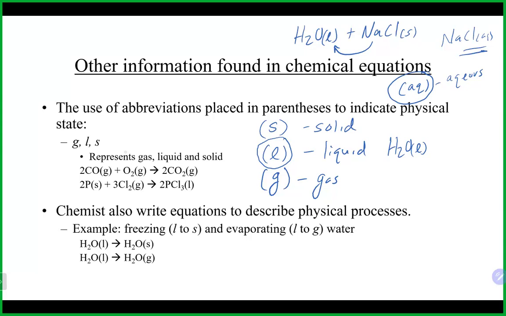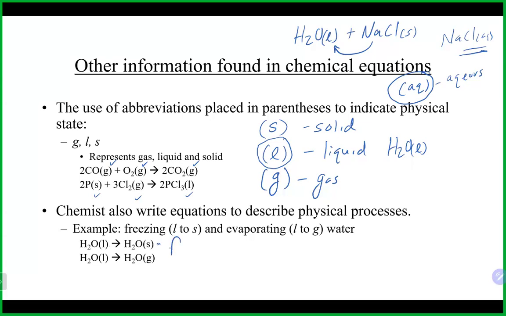So here you can see we got some gases happening here. We got a mixture of solids, gases and liquids in that one. In most cases, we do use a chemical equation to represent a chemical reaction that is taking place. We can also use a chemical equation to represent a physical process that's occurring, and that's what we see down here. This is liquid water going to solid.